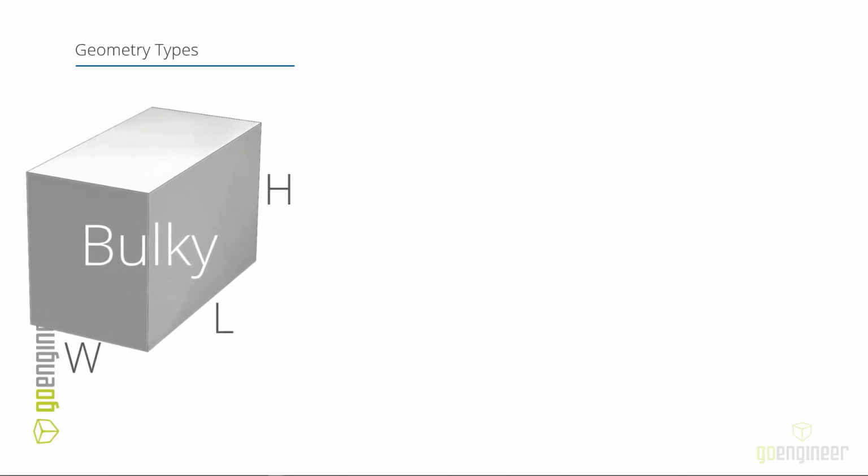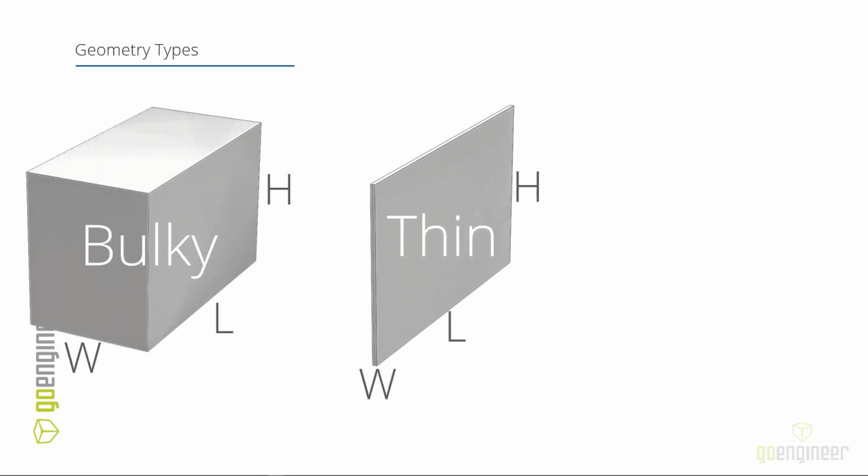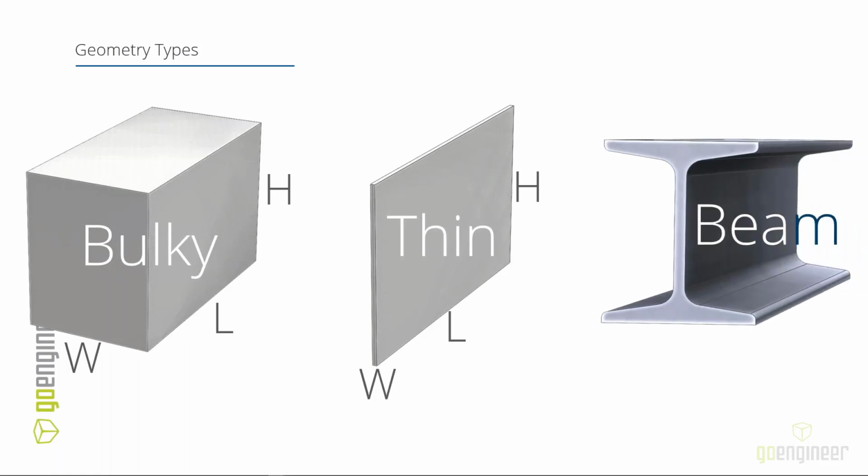There's also thin geometry, where one dimension, in this case the thickness, is drastically less than the length or the height of the geometry. And then there are beams. These are specific cross-sectional areas that are uniform throughout the geometry: an I-beam, a C-channel, a square tube, a round tube, something along those lines.